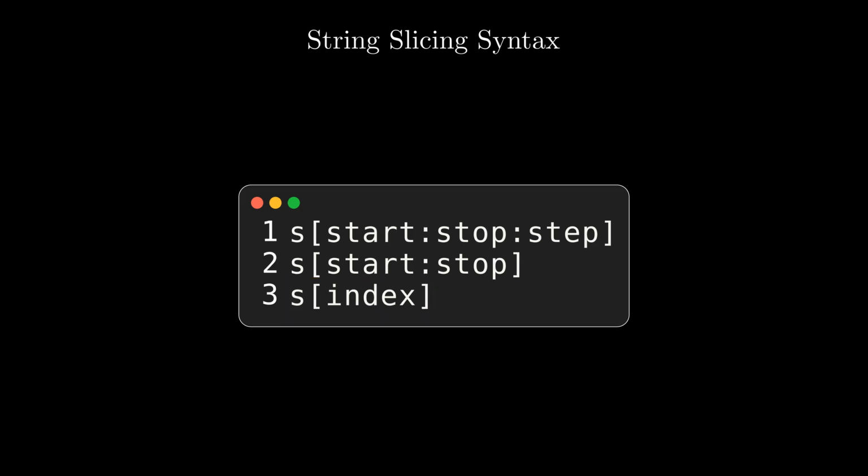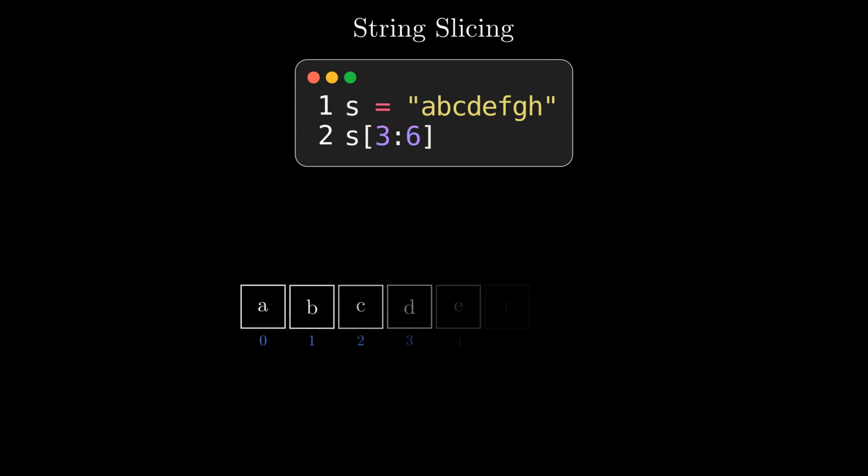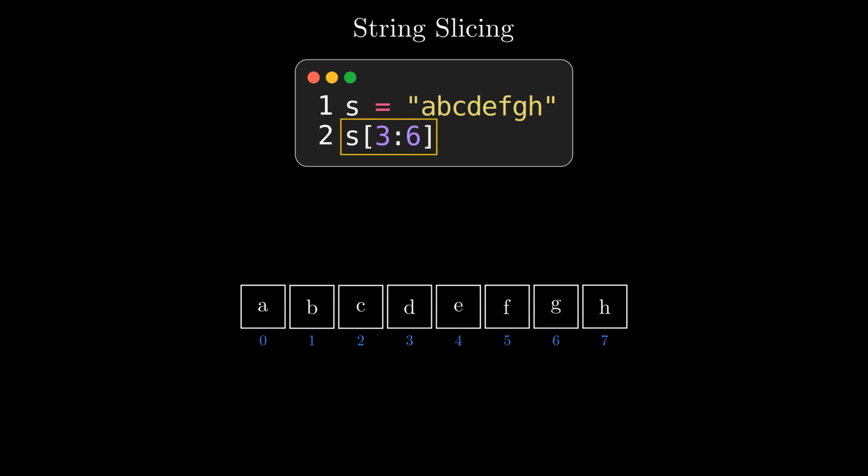The first thing to check in any slice is the sign of the step. Positive moves left to right. Negative moves right to left. Take a longer string, s = "ABCDEFGH", 8 characters at indices 0 through 7. Consider the slice s[3:6].